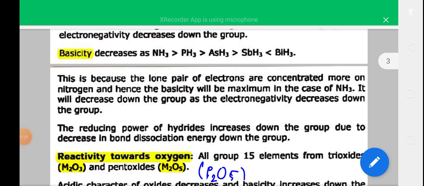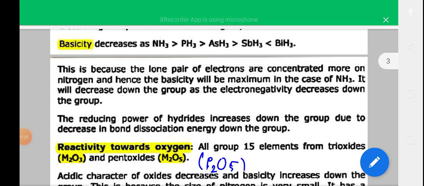And basicity of trihydrides of group 15 elements: NH3 is the most basic. The basicity of NH3 is greater than PH3, greater than AsH3, greater than SbH3, greater than BiH3.